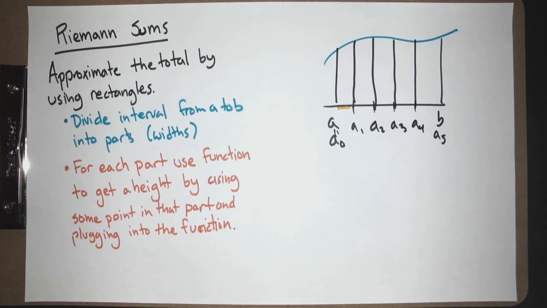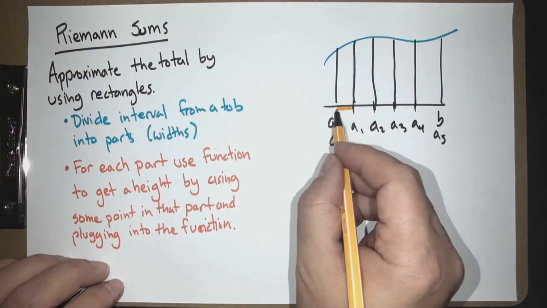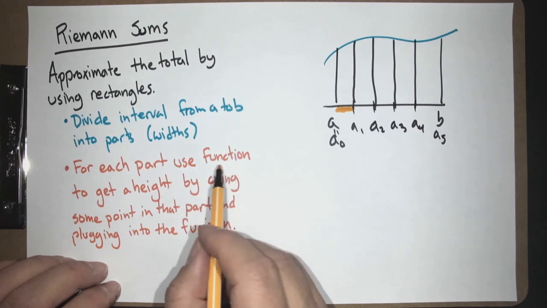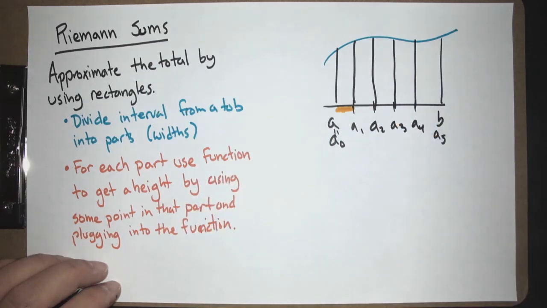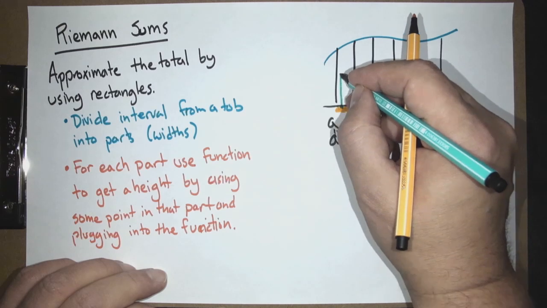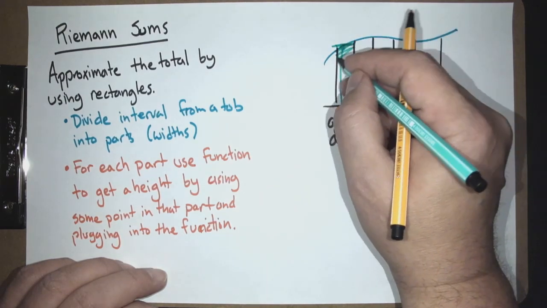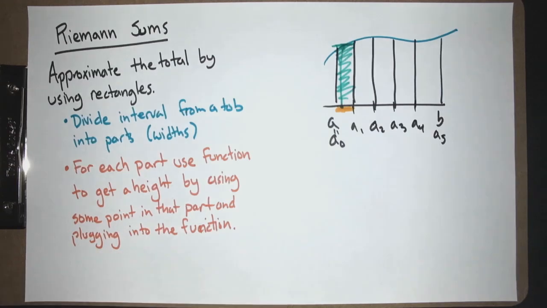And you might say, but how? Okay, so there's a couple ways to do it. For each part, so this is one of our parts here, we use the function, and that really just says we're plugging in. We have a point, we plug it in, that gets us the height of the rectangle to use. So that gives us our rectangle there.